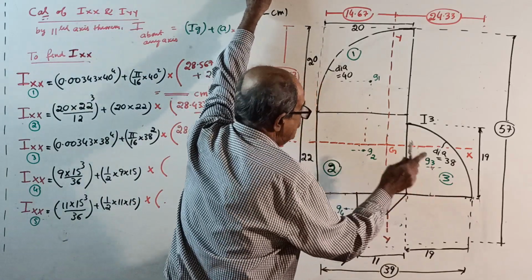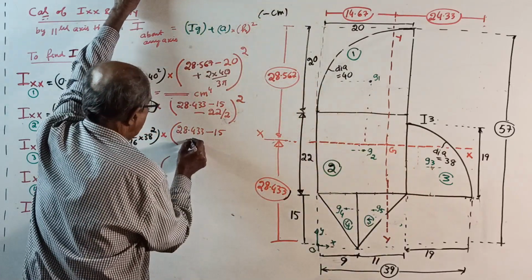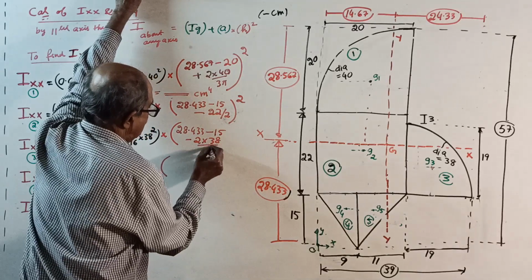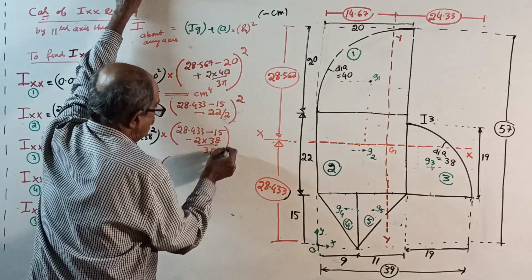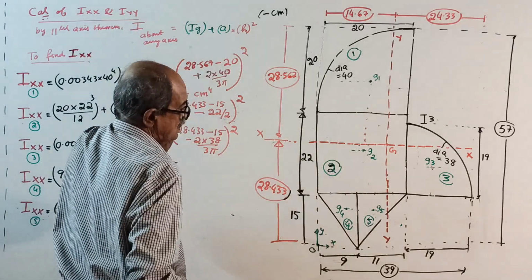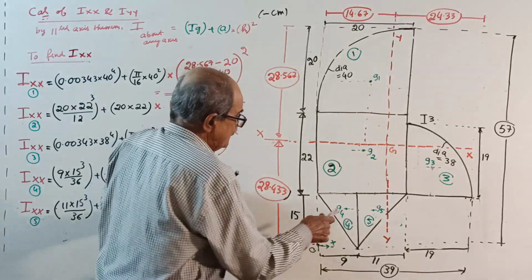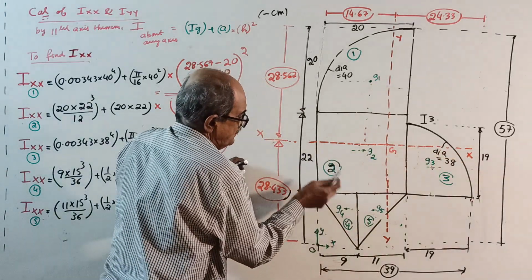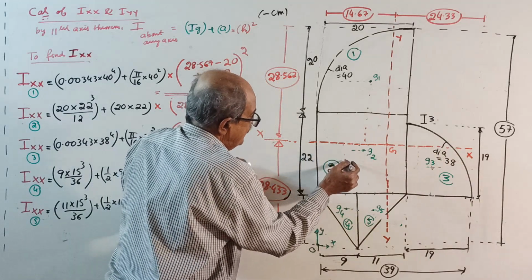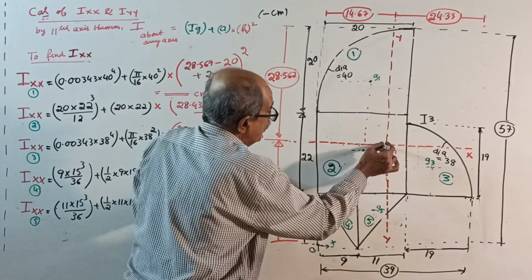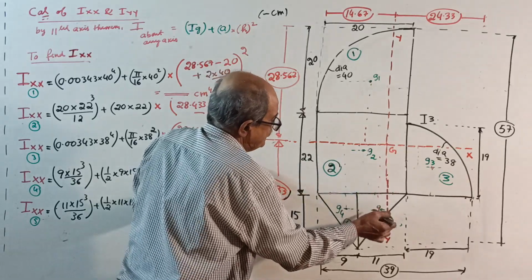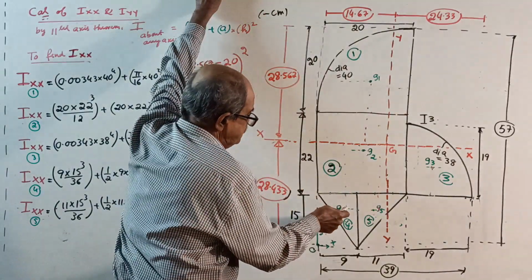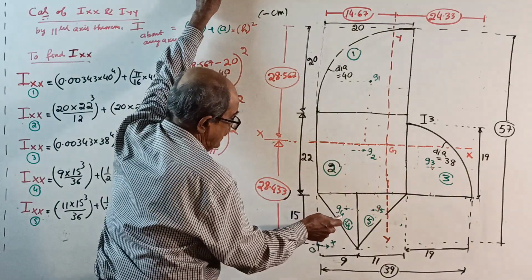This distance is 2d by 3 pi, minus 2 into diameter 38 divided by 3 pi, that is to be squared.